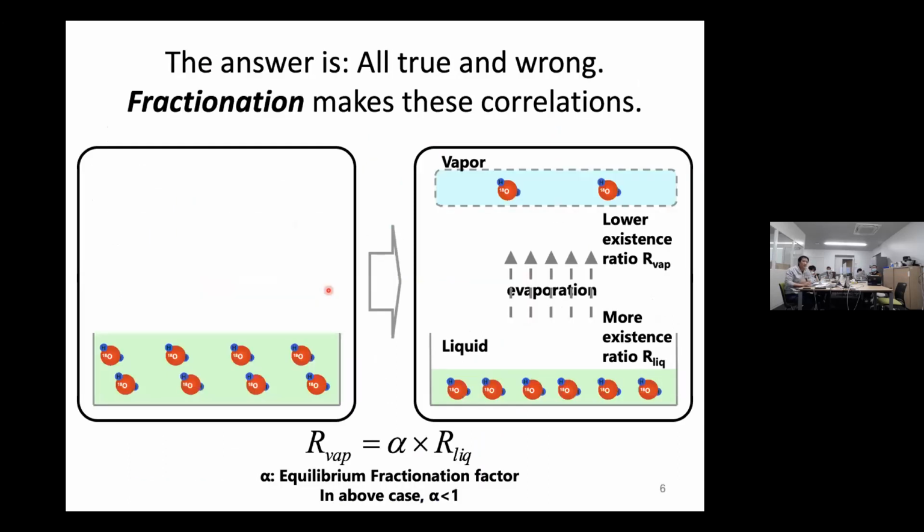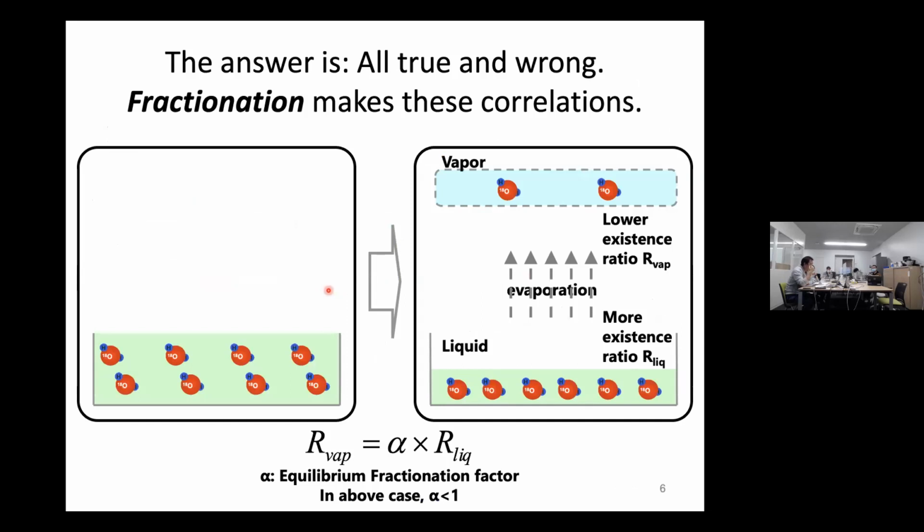Anyway, there are lots of different ways of translation. However, the answers are all true, but actually all wrong. It means sometimes it is true, but sometimes it is wrong. What is really trustable is fractionation.